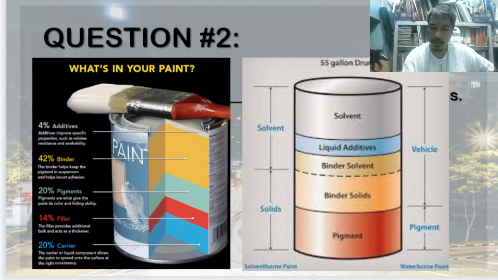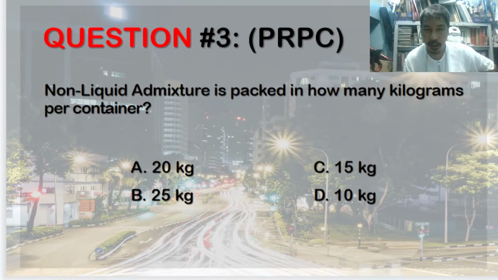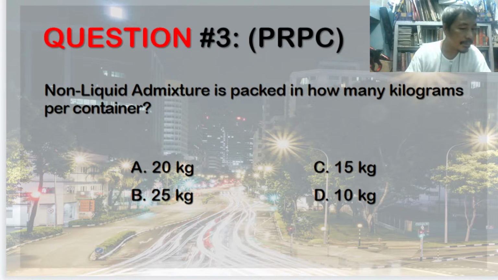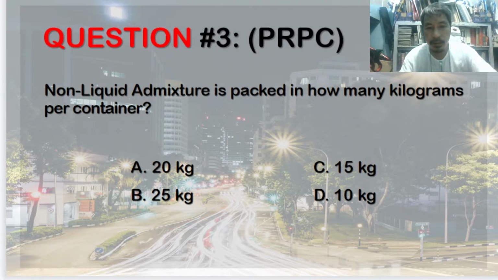And then let's go to the number 3 challenge question. Non-liquid admixture is packed in how many kilograms per container? So there are liquid and non-liquid types of admixture. We are talking of the admixture which is non-liquid.